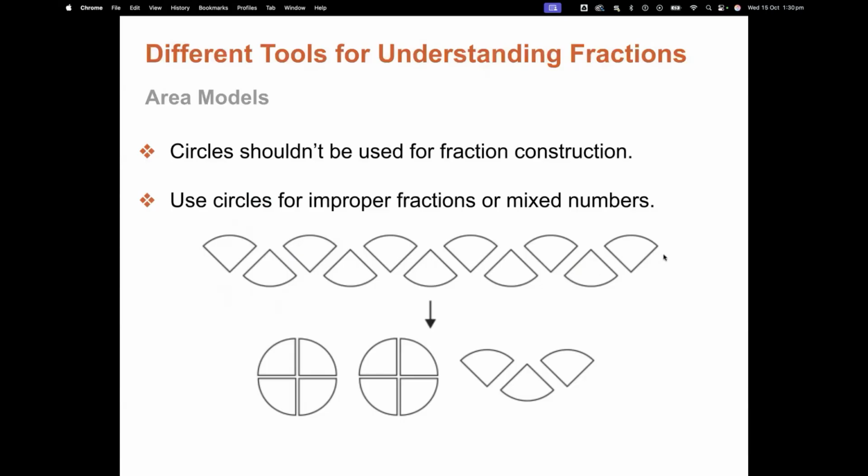So 11 over 4 is what I've shown here. But that is equivalent to 2 3/4. So it's a really nice way of getting the kids to group them together. So group the four to make one whole and continue going and see what you're left with.